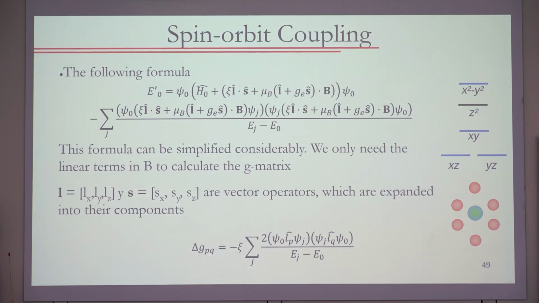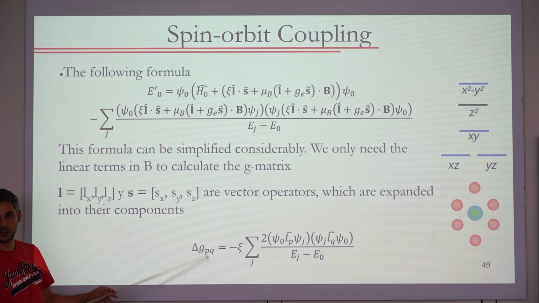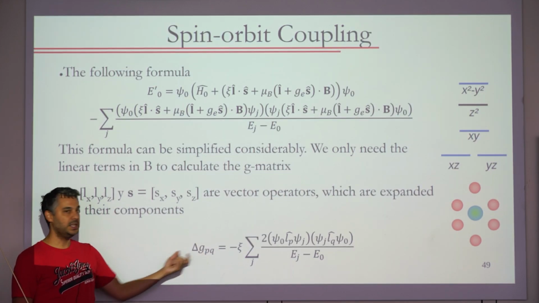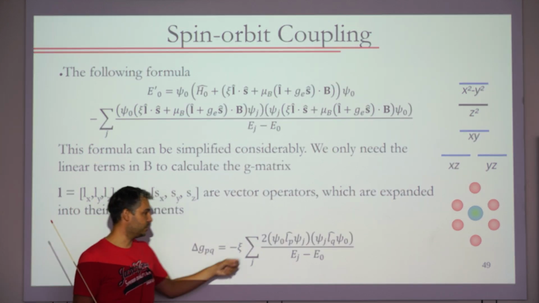And then you get to something like this. P and Q would be X, Y, Z, so the different possible components of the G matrix. Delta G, the deviation from the G value of 2, is given by this summation.